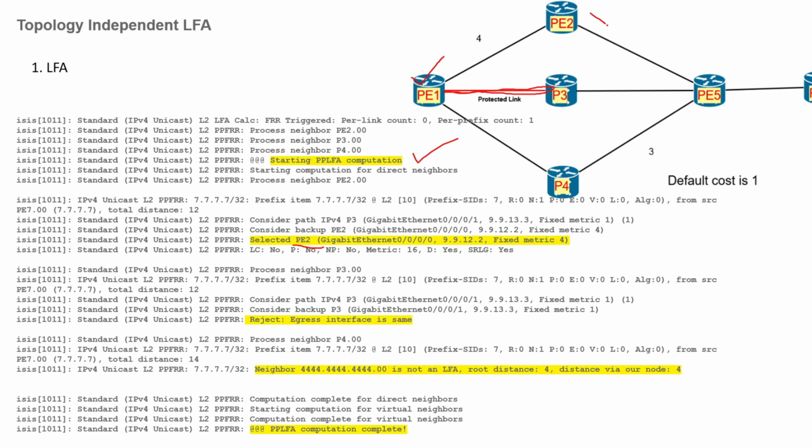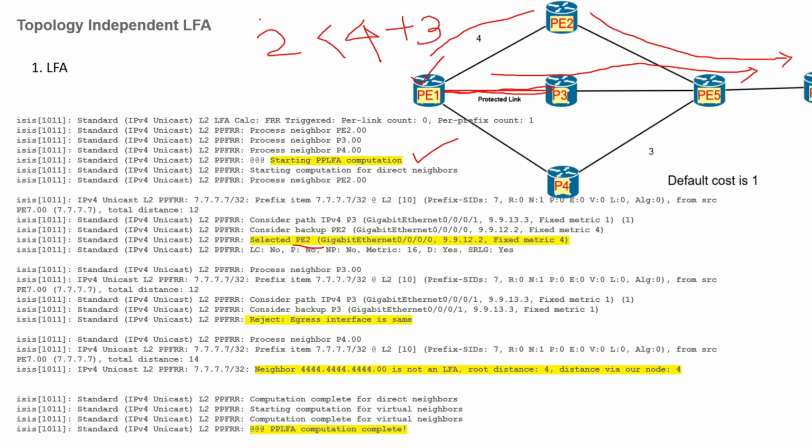Distance from next hop to destination is 1 plus 1, since by default the metric is 1 on all the interfaces, so 2. This should be less than distance from next hop to source, that is 4, plus distance from source to destination, this is 3. So yes, this condition is valid here.